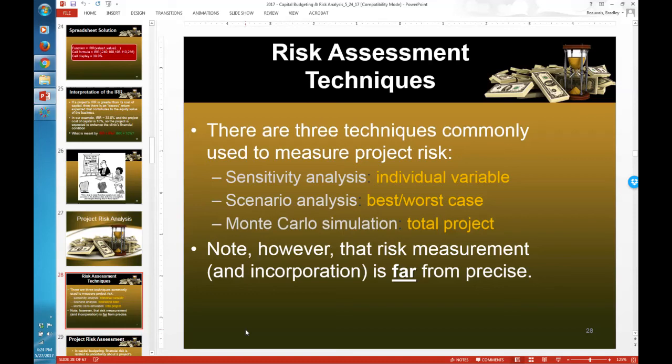We have to understand, even when we what-if something from a project standpoint, it's only as good as the data that we put into it. So we're still far from precise, but at least we can start to answer the question to any sort of organizational decision maker about how viable, and basically what would happen if, or what are the chances of, that sort of discussion.